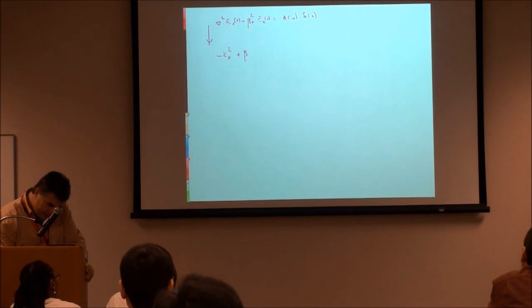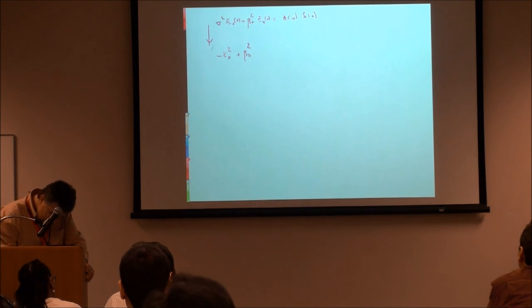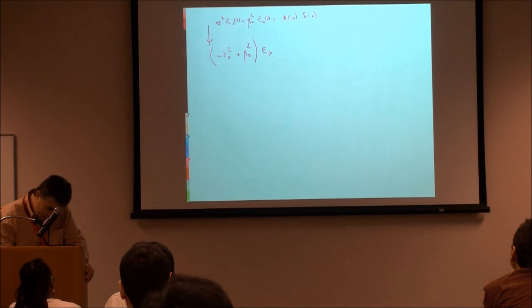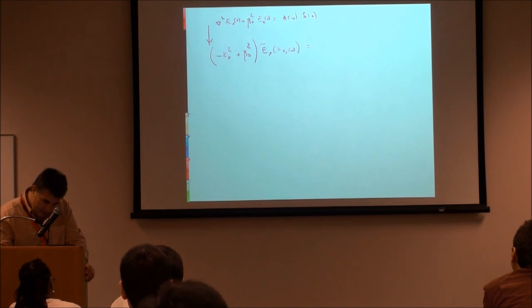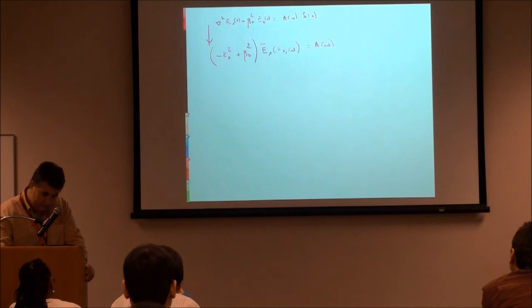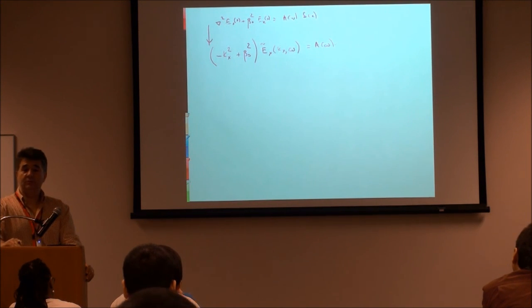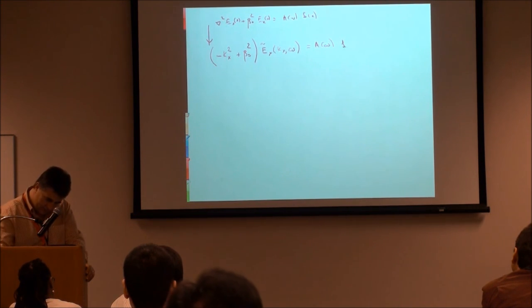Plus beta naught squared, same thing, and I can factor this since I forgot to write it there. This is the Fourier transform of E of x as a function of kx and omega. That's how we rigorously should write it. A of omega stays A of omega, and the Fourier transform of a delta function is 1.